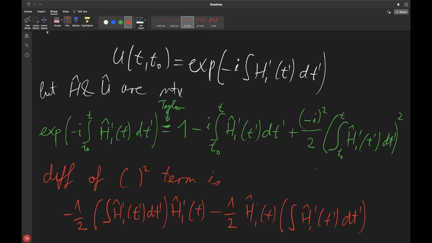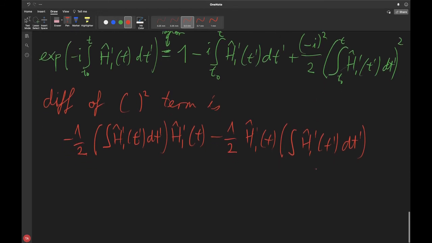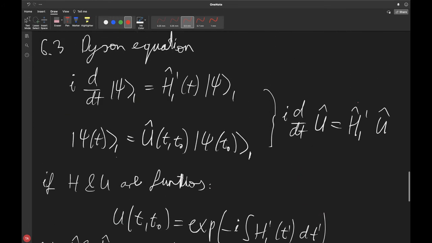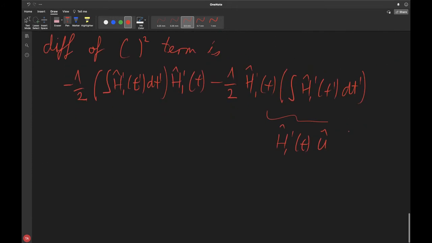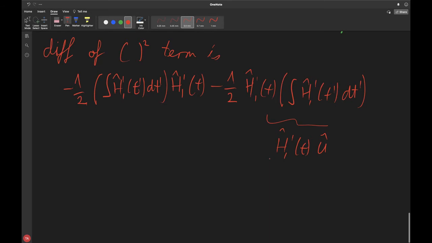So we are kind of happy with the second term, because it has the form of H_I prime hat at t and the U, which is the right hand side of the equation that we want to solve here. But then the first term has the H on the right side instead of the left side.